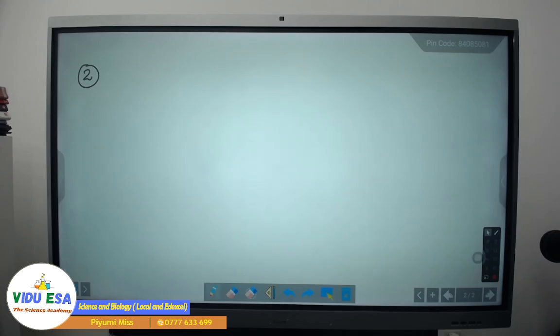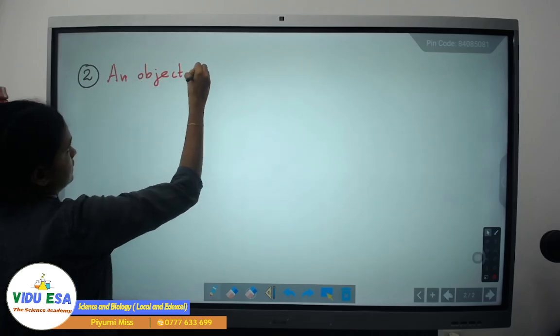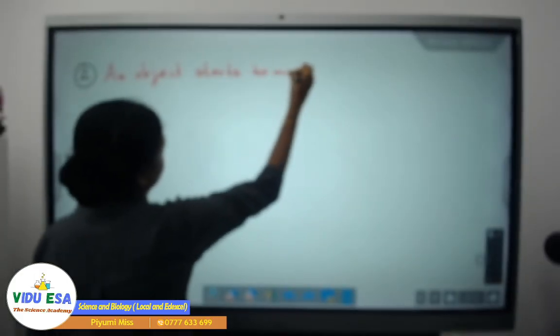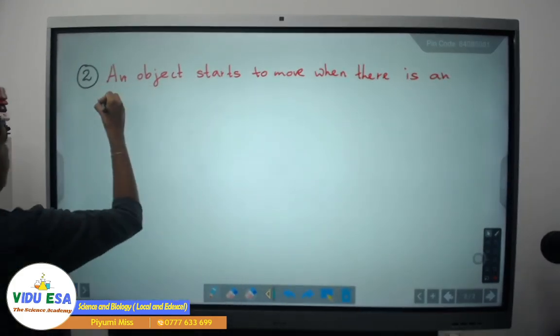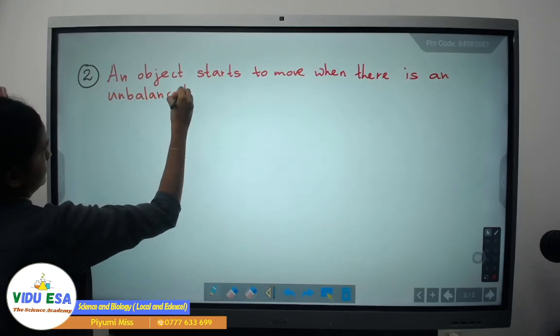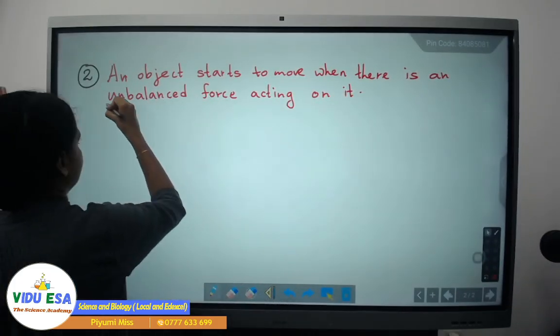An object starts to move when there is an unbalanced force acting on it.